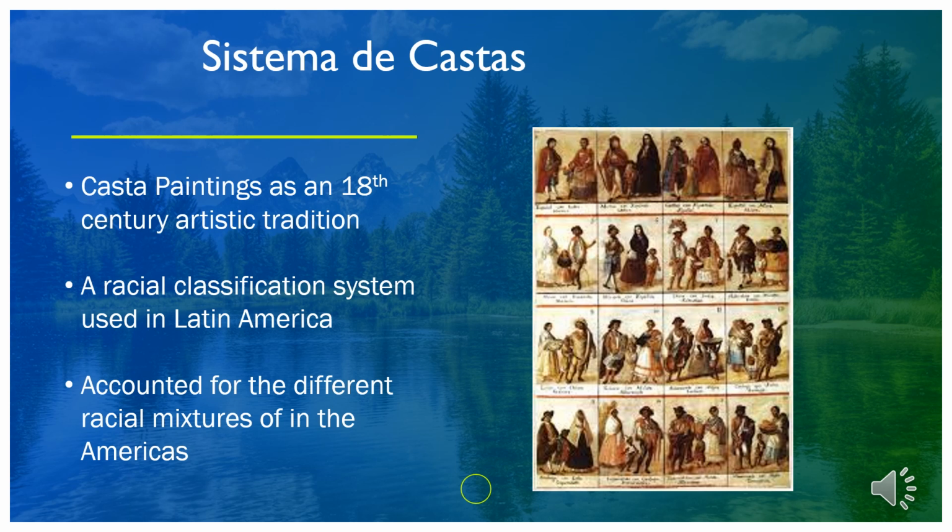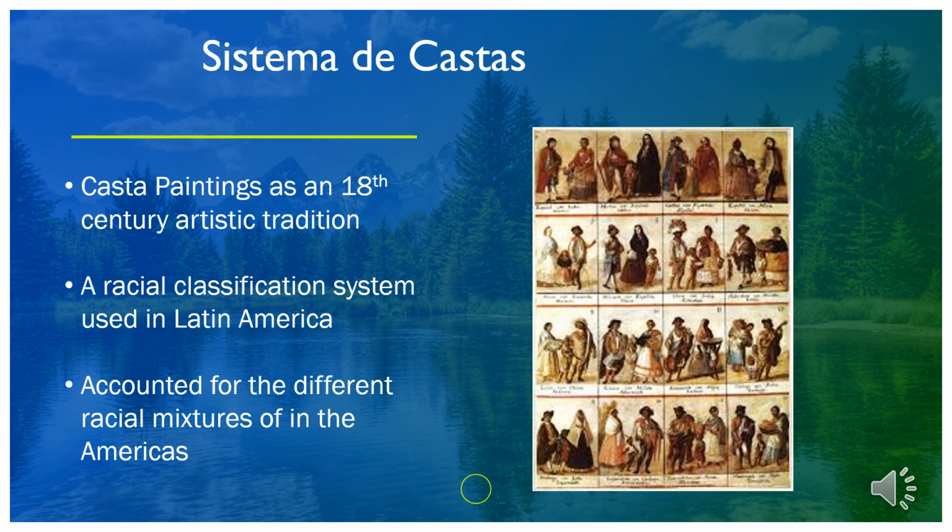More pointedly, what the Spanish did is they measured the relations between African, Spanish, and indigenous, and they created subcategories for those relations. For example, a Spaniard and an African descendant, their child would be listed as a mulatto, or a Spaniard and an indigenous person, their child would be labeled as a mestizo.